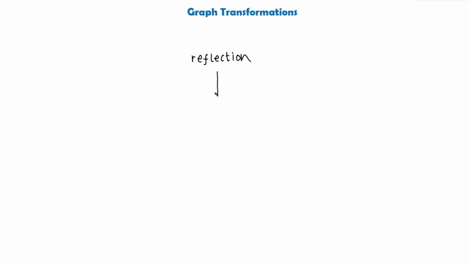And once we've done this, we can then do any translations or scaling as such. So we'll go into a few examples that might have multiple of these involved, or some that might just have one involved, and we'll show you how we can sketch graph transformations.